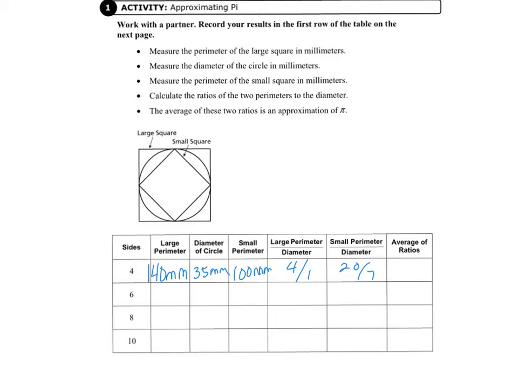So you remember that averaging is where you add up the things that you are averaging and then you divide by the number of things you have. So when we do that, we have 28/7 plus 20/7.